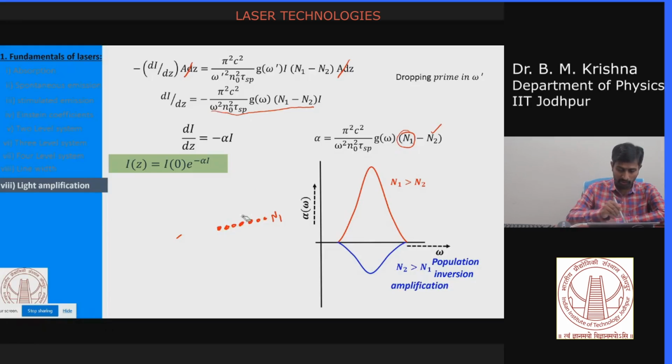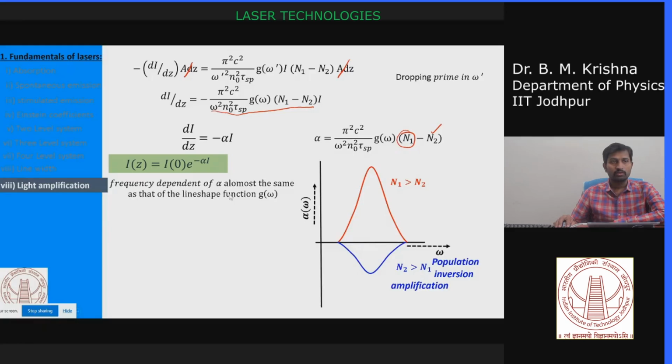So how is it amplifying? Because your frequency dependence of alpha is almost the same as that of the line shape function g of omega. So when n2 is greater than n1, this factor becomes negative because of the minus n2, your alpha becomes negative, and substituting this negative alpha into the negative sign becomes a positive quantity.